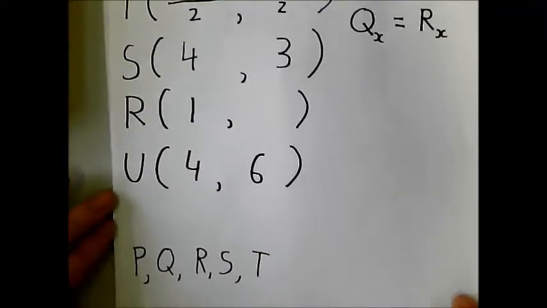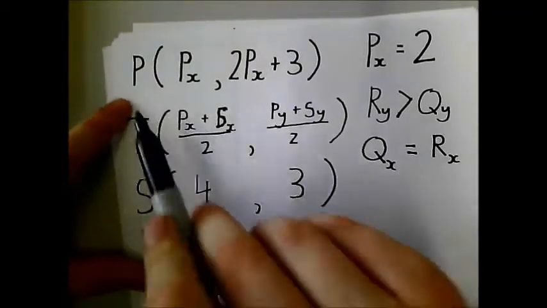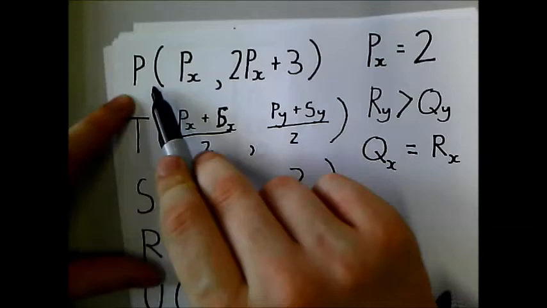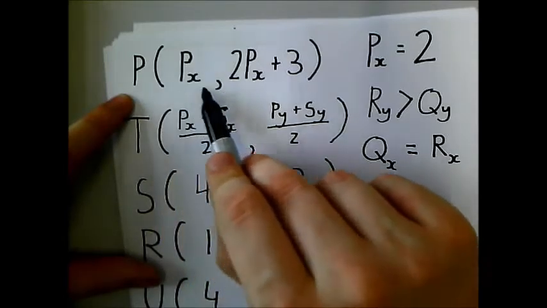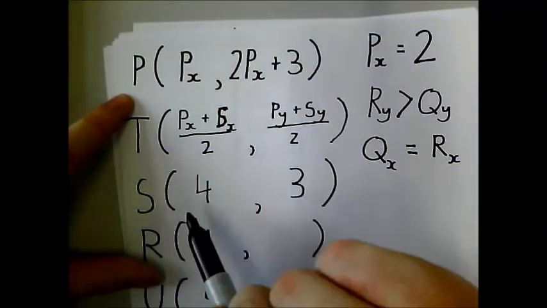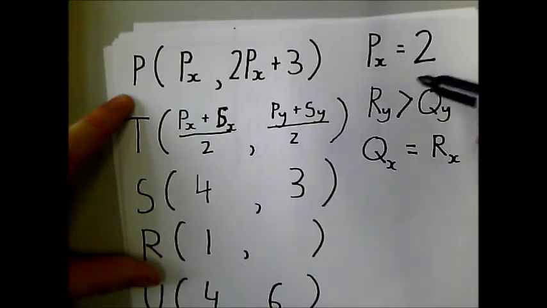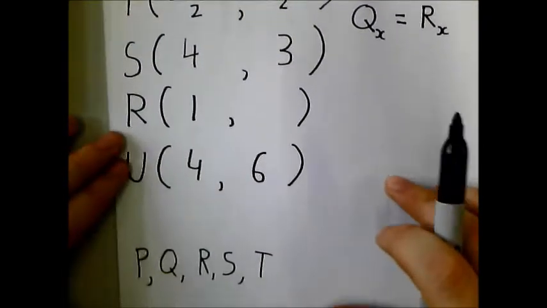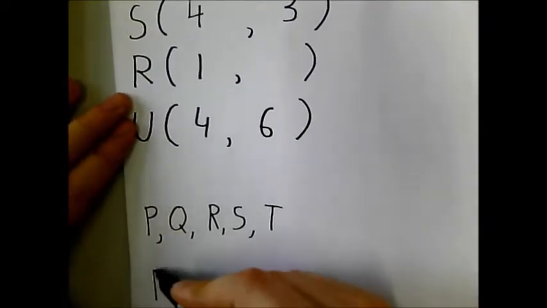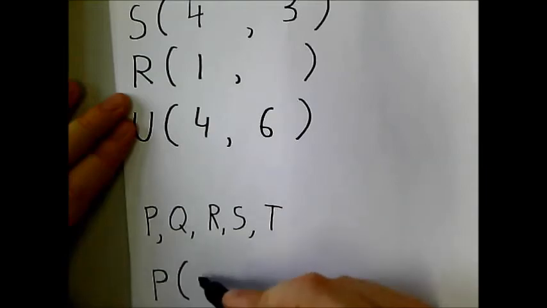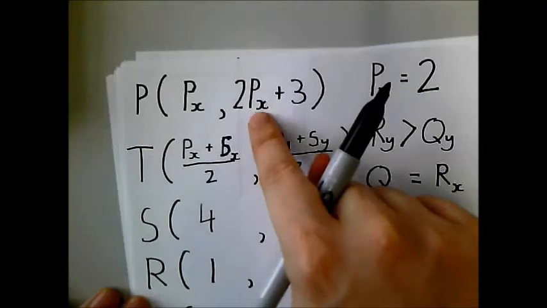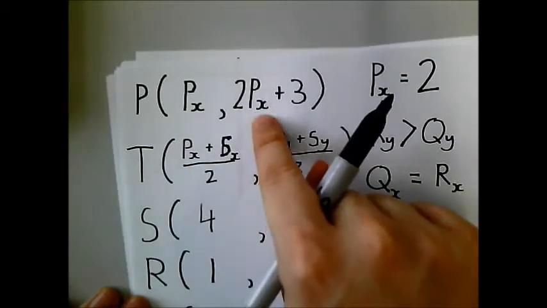Okay, let's start to use substitution now. So let's look at this one. P is found from Px and 2Px plus 3. Now I know that Px is 2. So using substitution, coordinate P is going to be 2, and then 2 lots of 2, which is 4, plus 3, which is 7.